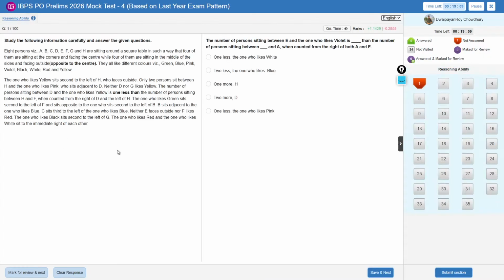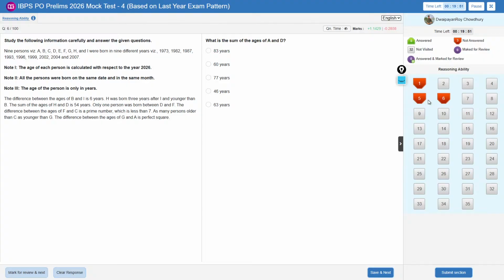Okay, 8 people, square table, some facing inside, some outside, opposite to the center. Okay, doable. Puzzle 9, should I start with it? I feel I should. So 9, right? Birth years: 73, 82, 87, 93, 96, 99, 02, 04, and 07.